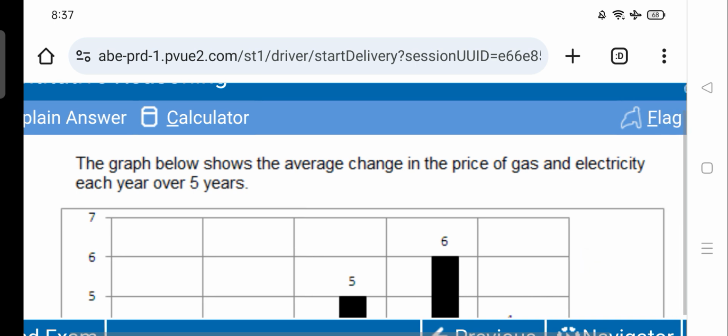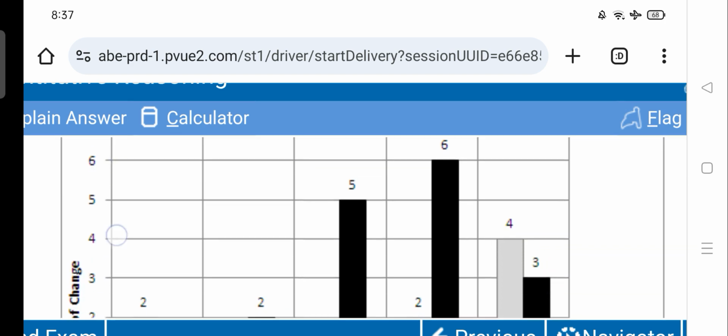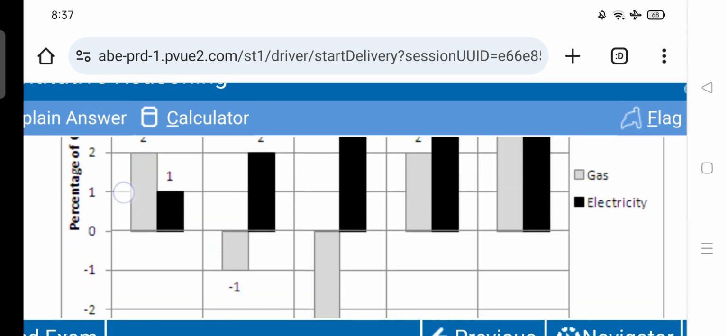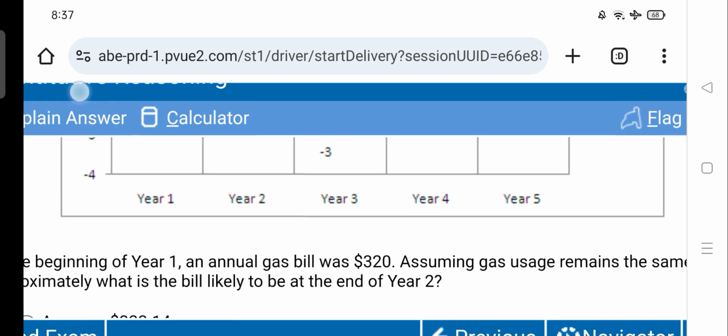The graph below shows the average change in the price of gas and electricity each year over 5 years. So here we have this graph chart of gas and electricity.